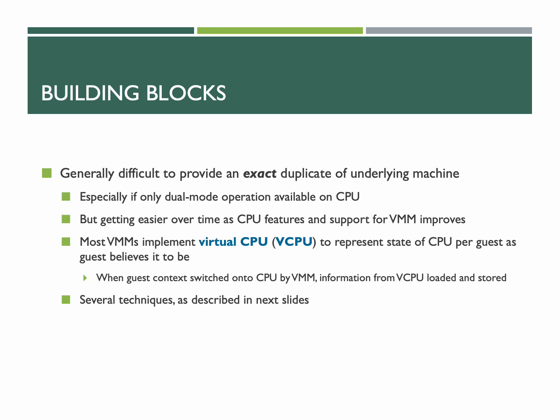Now, most virtual machines implement what is known as a virtual CPU or vCPU for each virtual machine. This vCPU represents the state of a CPU for the guest system as it believes it to be. When a VM is running, the VM manager manages the context switches between the physical CPU and the vCPUs of various VMs.